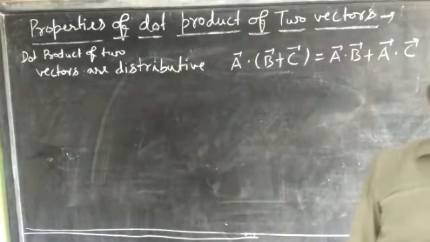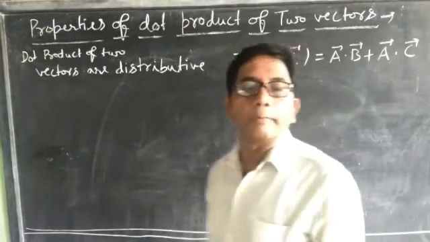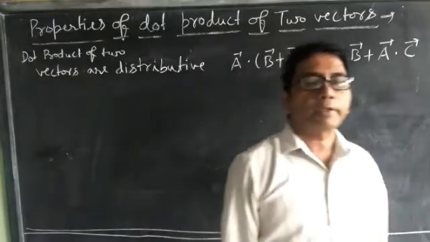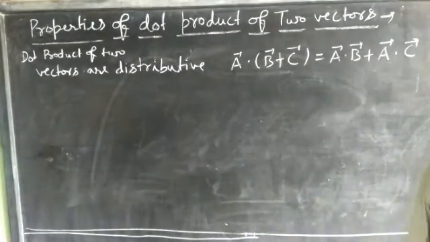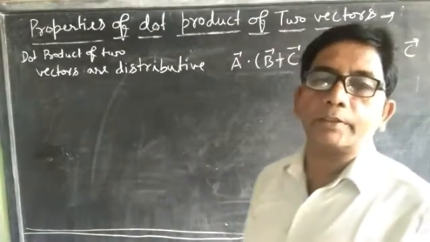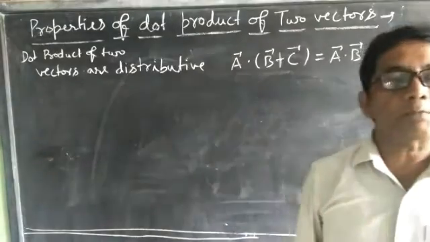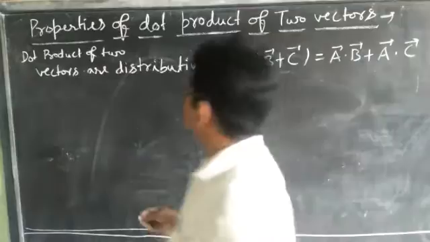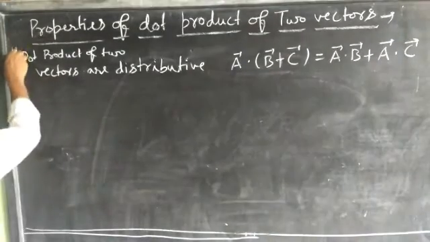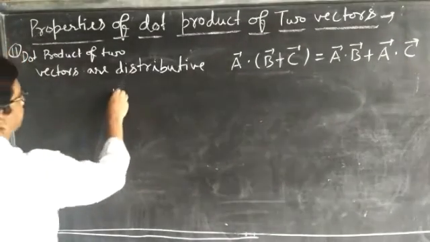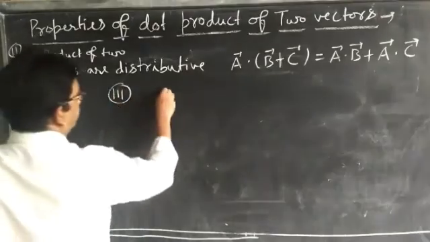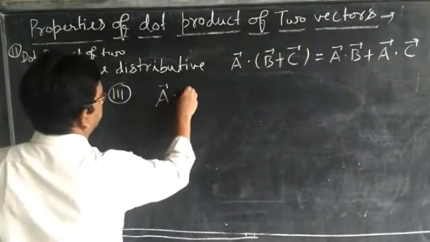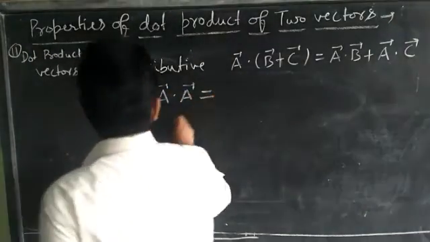Now the third property: the dot product of a vector with itself gives the square of its magnitude. Vector A dot vector A, what can we write?